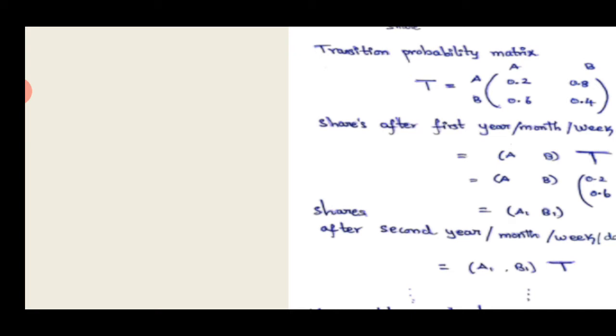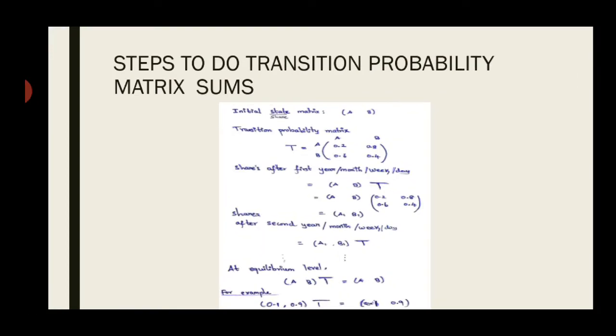It means the Samsung users who switch to Redmi products are 80 percent. In the second row, you can see 0.6, that is B to A. That means Redmi users who have changed to Samsung are 60 percent, and B to B, Redmi users who use Redmi, is 0.4, that is 40 percent. So this is called the transition probability matrix.